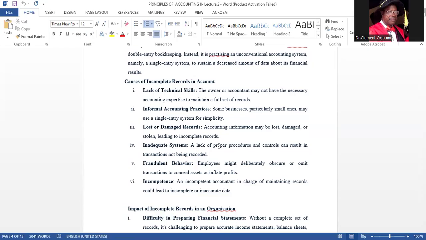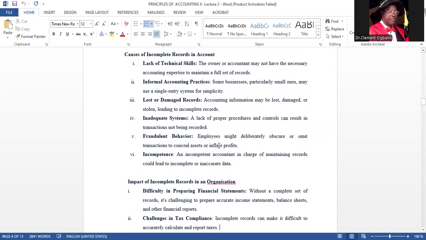Fraudulent staff can deliberately omit some transactions in order to conceal revenue generated or to conceal their illicit and fraudulent activities. Some fraudulent staff can also refuse to enter some record, or they enter it wrongly. Then incompetence. Even if somebody is an accountant but is not competent in maintaining records, it can lead to incomplete records.